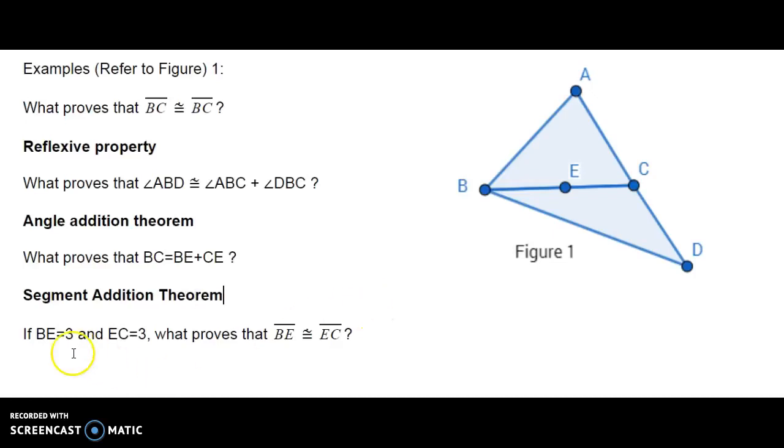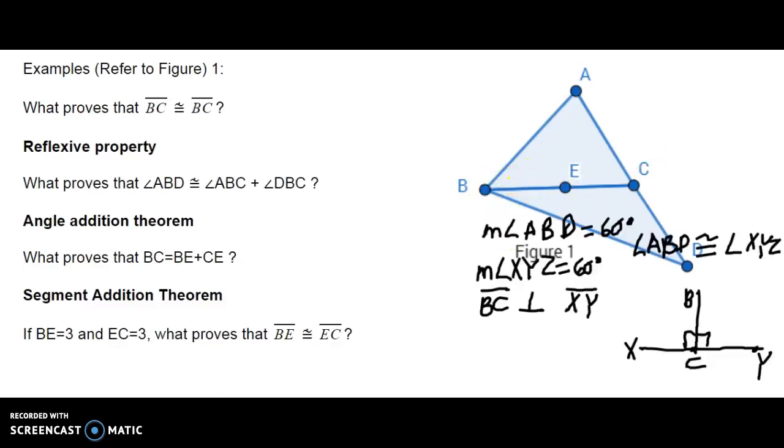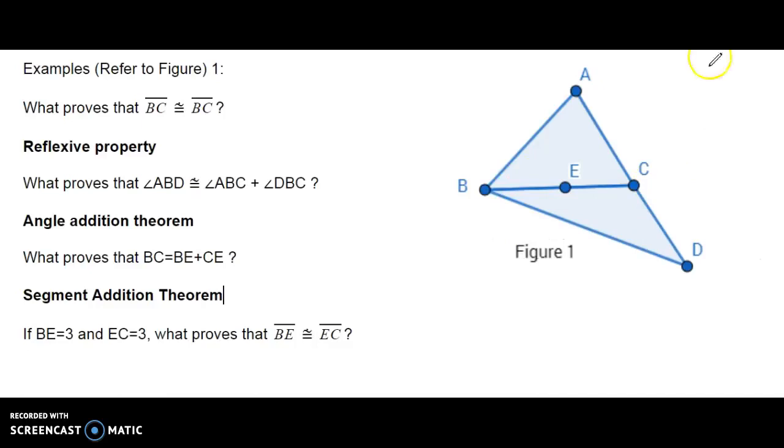Okay. Now, if BE, so right here, equals 3, and we know that CE equals 3, what's going to prove that BE and EC are congruent?